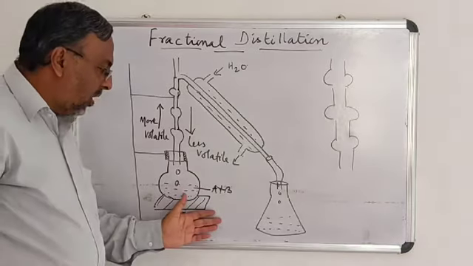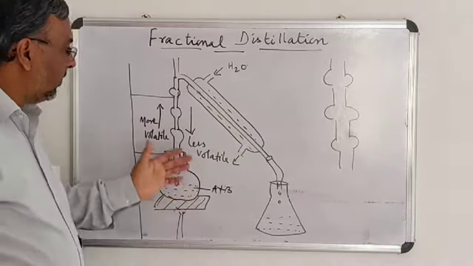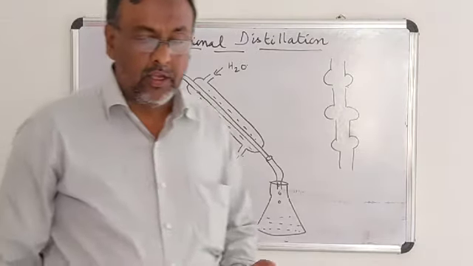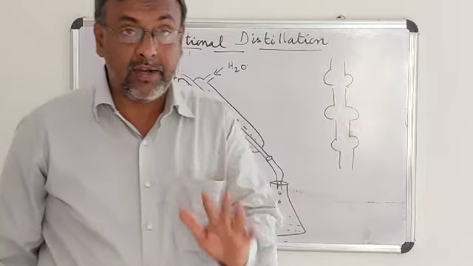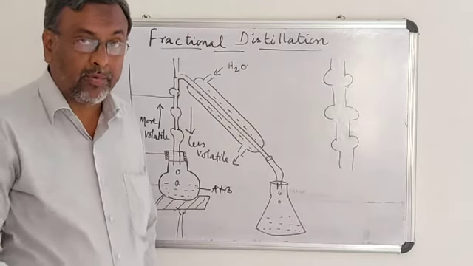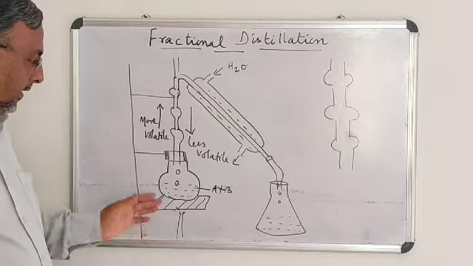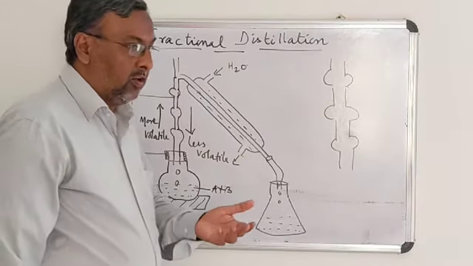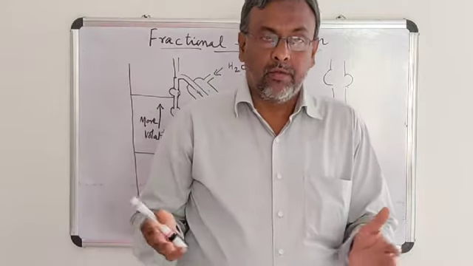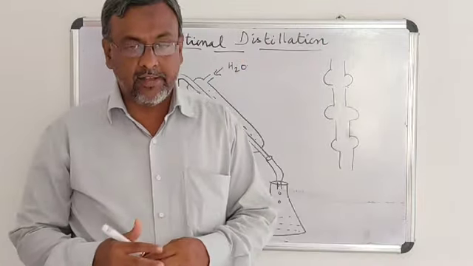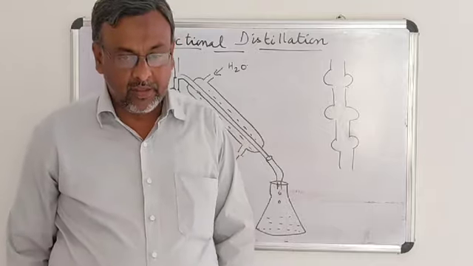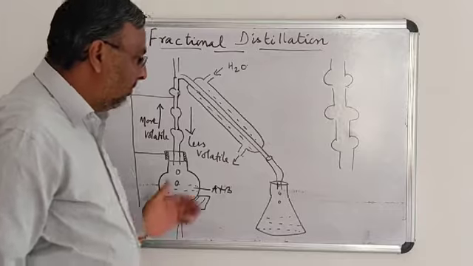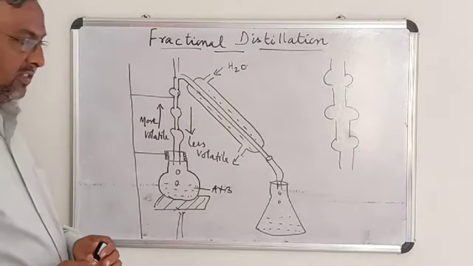This type of fractionating column and fractional distillation setup is usually used in the laboratory to separate the mixtures A and B. Usually, those liquids whose vapor pressures differ considerably from each other are separated by a fractional distillation process.